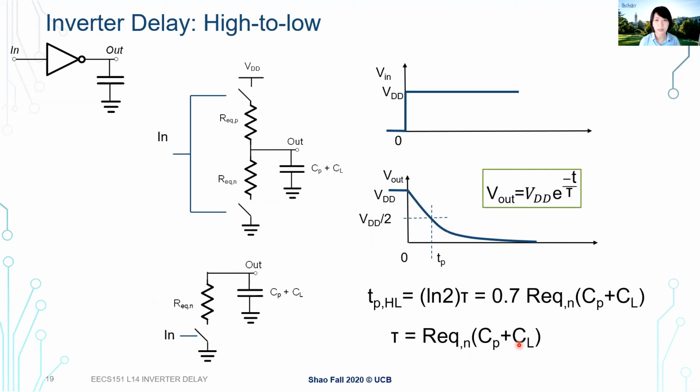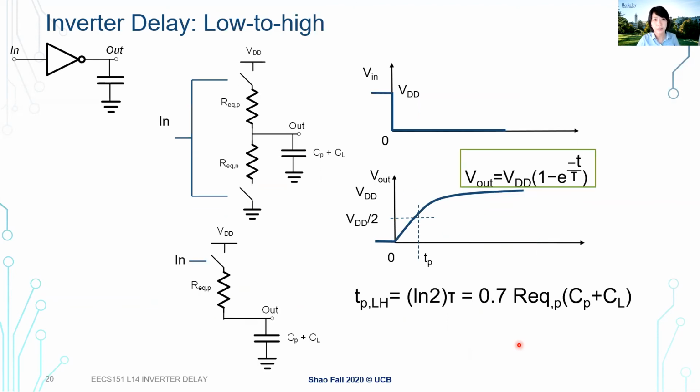So we talked about the high to low delay. Similarly, there's also the low to high transition. So when the input starts with high and then transitions to low, right? If the input is low, the equivalent circuit is basically that my PMOS is on, and my NMOS is off.